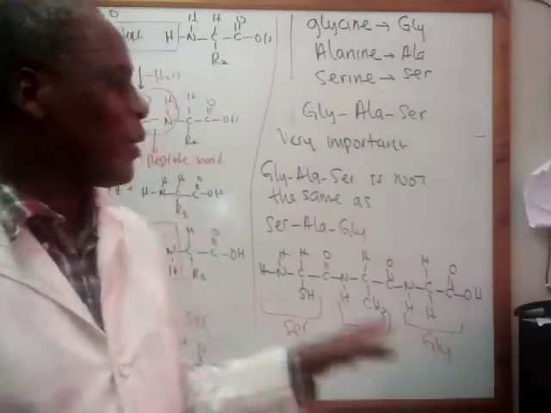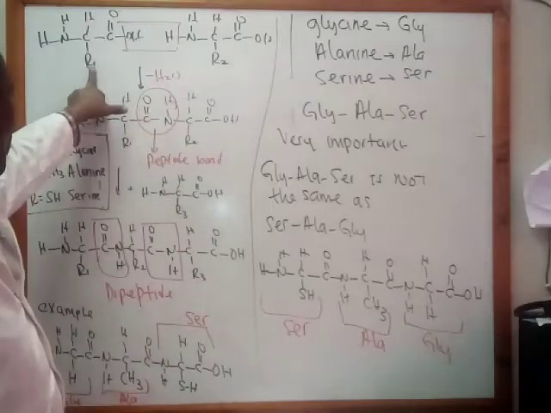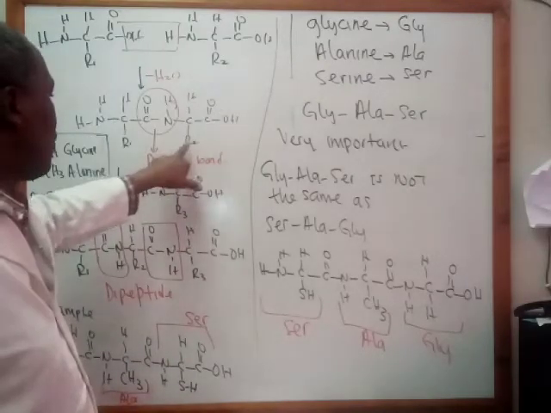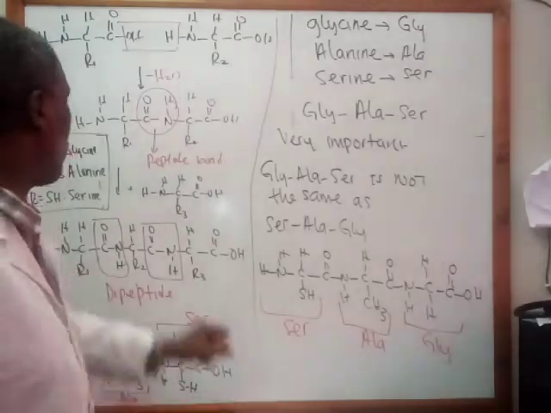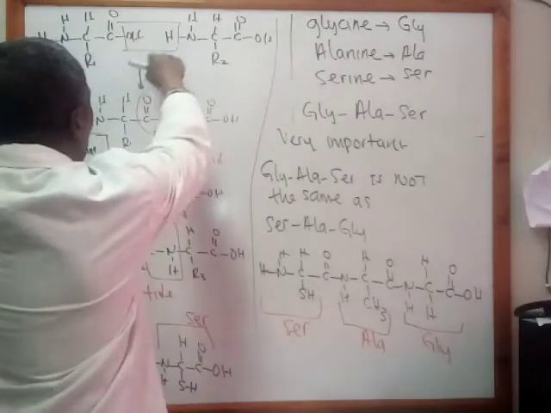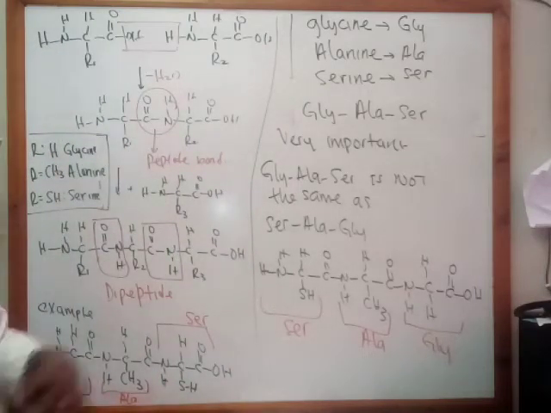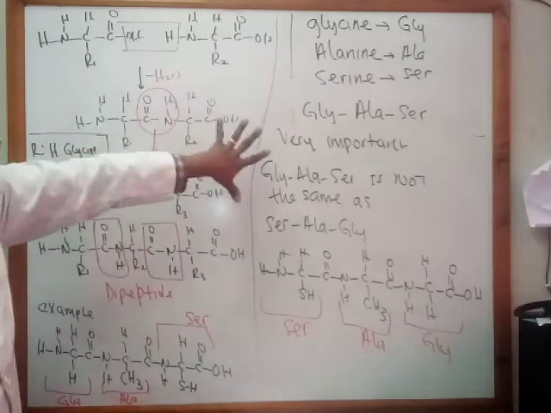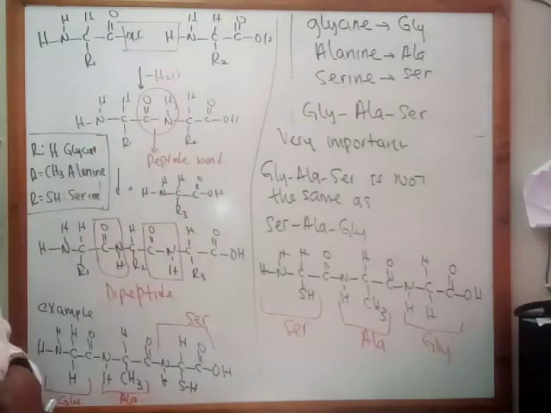But what I've just done for the sake of this illustration is to say, what if R1 is different from R2 and is different from R3? So one amino acid and the next one are coming together to form this dipeptide. You can see here, nothing else is changing except the loss of water and the joining of the one which I've shown in red. Are we clear on that?